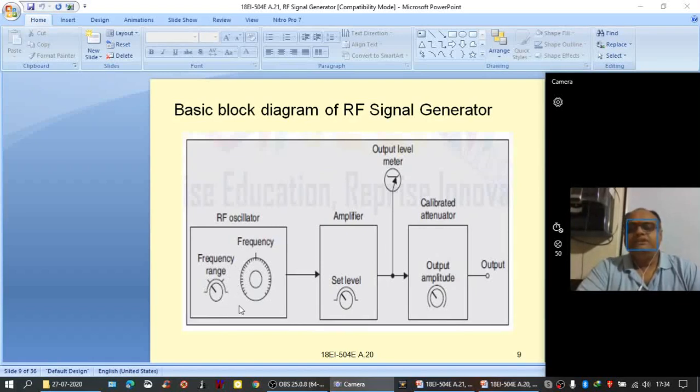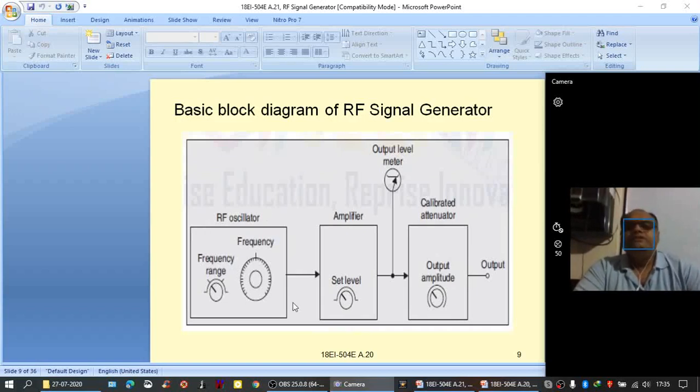That is, fine tuning of frequency also is available, and at the same time changing of the frequency range using a range switch is available in the RF oscillator. So we can say that RF oscillator produces a stable radio frequency signal which is adjustable either continuously or in steps.